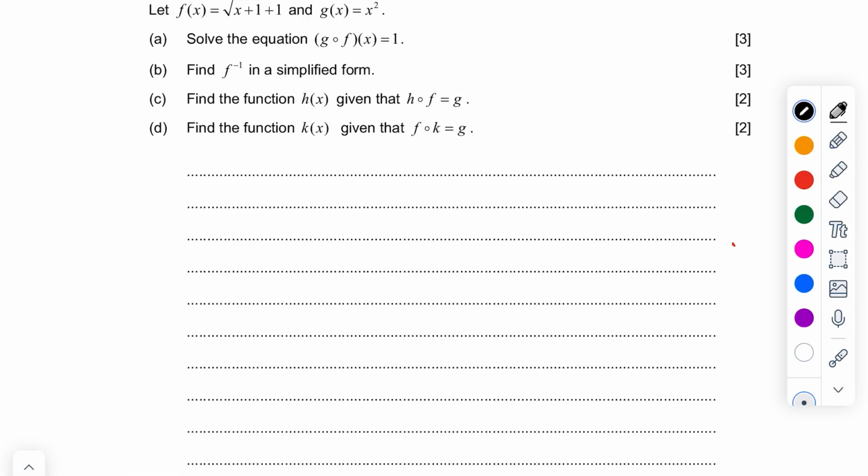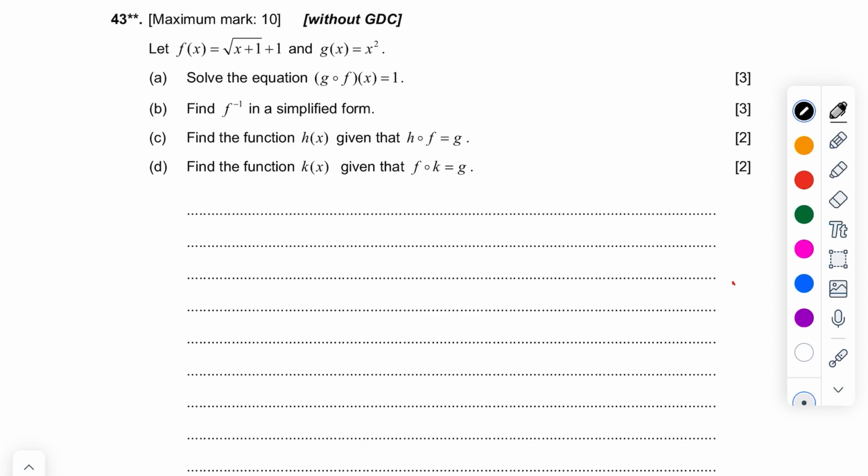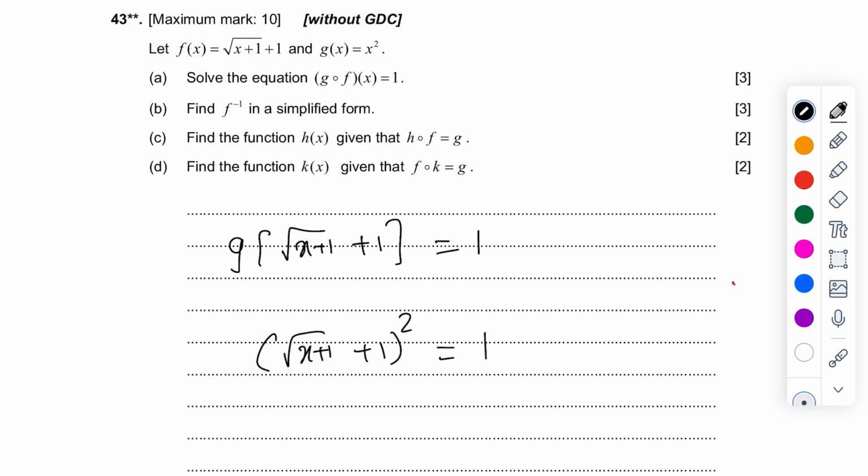Coming to question number 43. f of x is given. Then solve the equation g circle f of x equals 1. g circle f of x: f of x is square root of x plus 1 equals 1. Now squaring this side, square root of x plus 1 whole square equals 1.